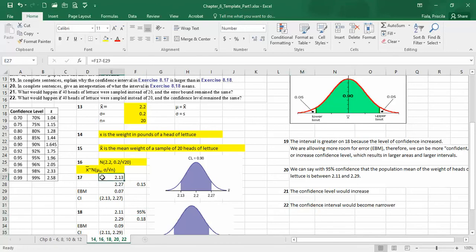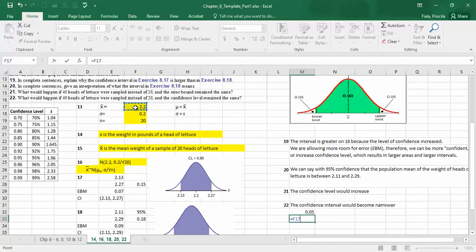You want to prove that? Let's just use this first one right here. Let me copy it, and now instead of 20, let's do 40. Look at what happened. My error bound margin now decreased, right? So now let's do the confidence interval.